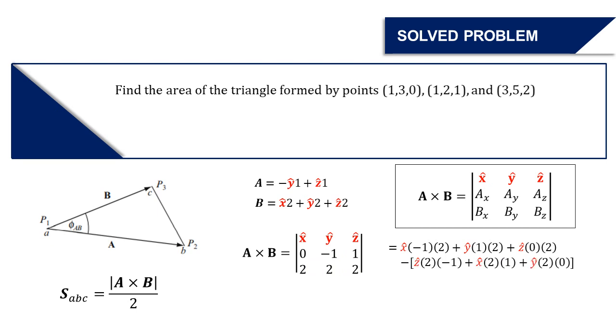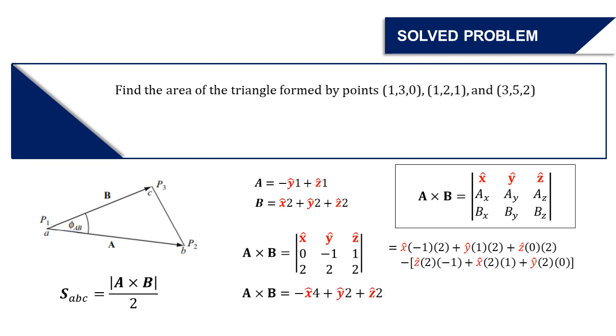So, that would be negative x times negative 1 times 2 plus y hat times 1 times 2 plus z hat times 0 times 2 minus z hat times 2 times 1 plus x hat times 2 times 1 plus y hat times 2 times 0. So, ayan.